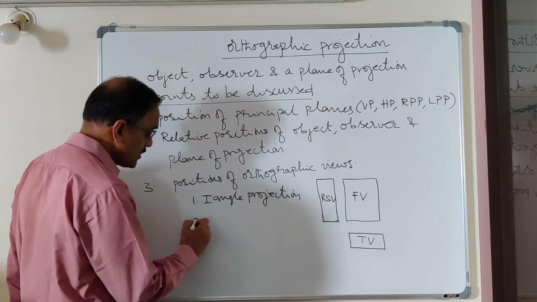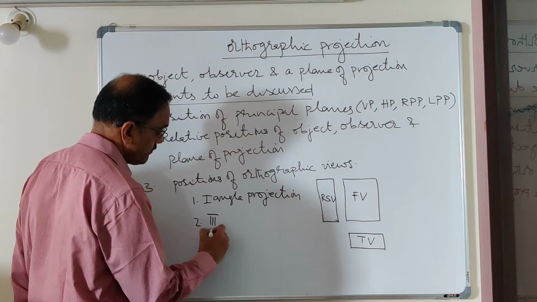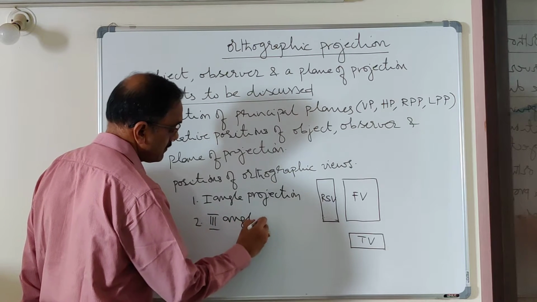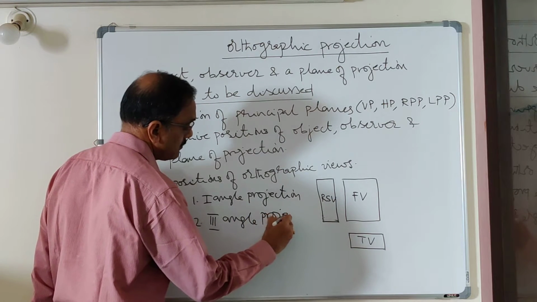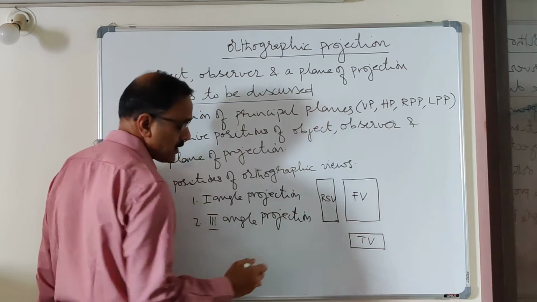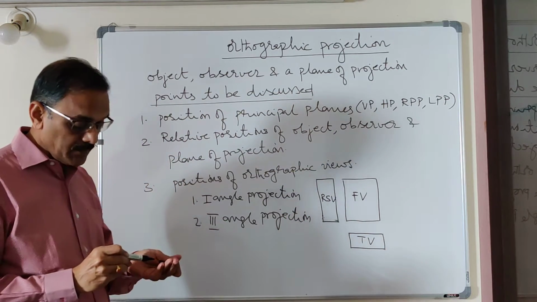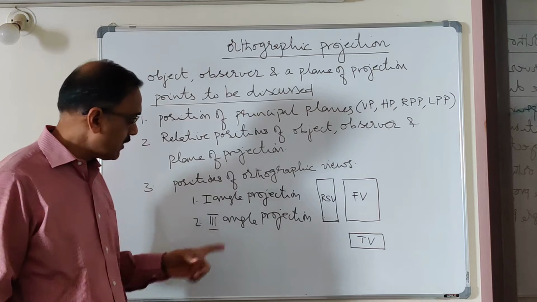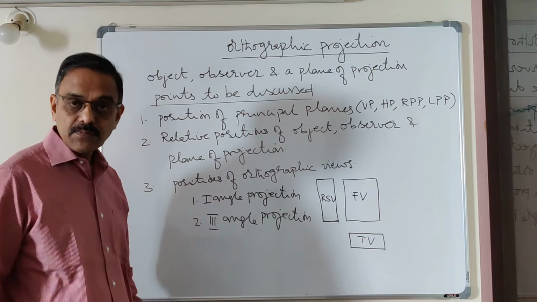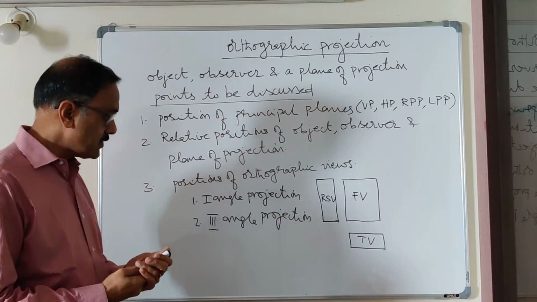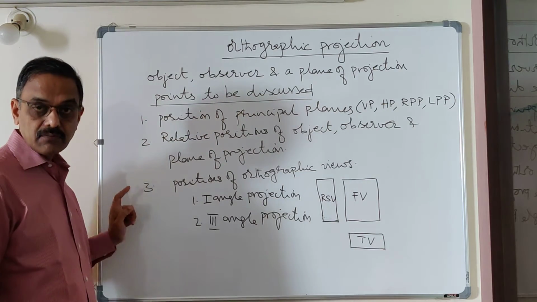The second method is called third angle projection. Some other countries like the UK may be following third angle projection, but in India we are following first angle projection. Let me explain what first angle projection is by taking these three points.